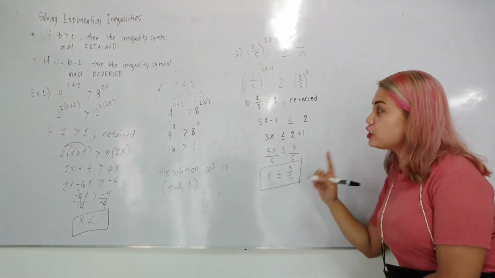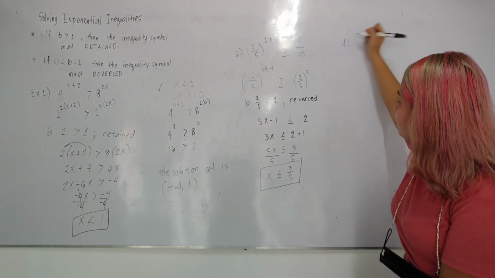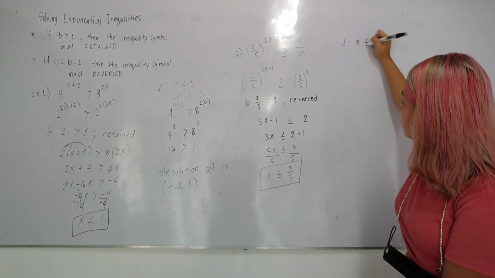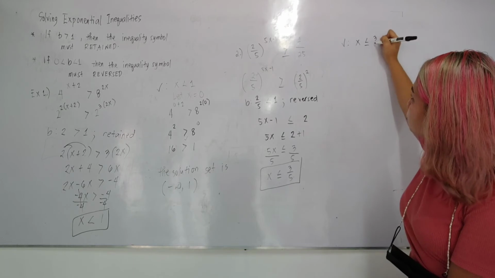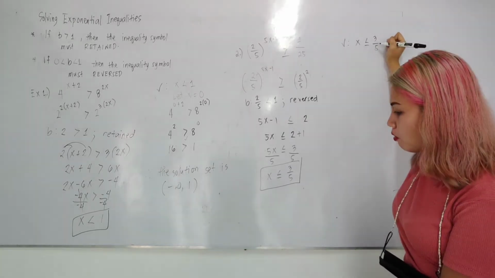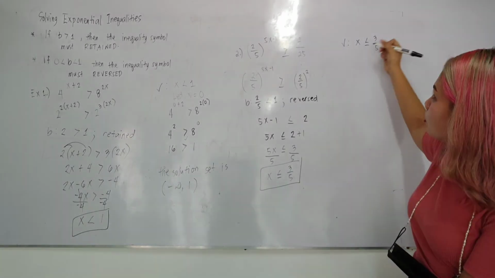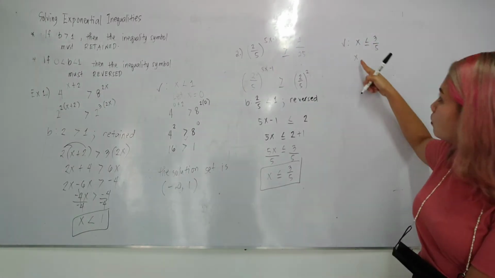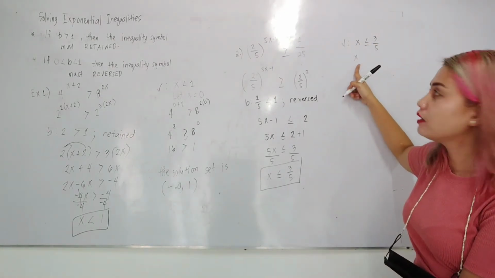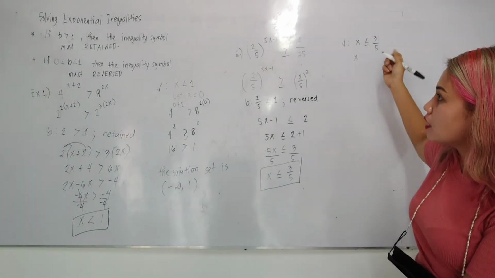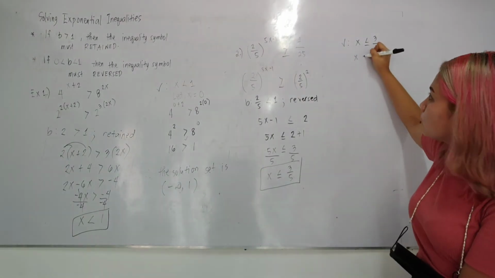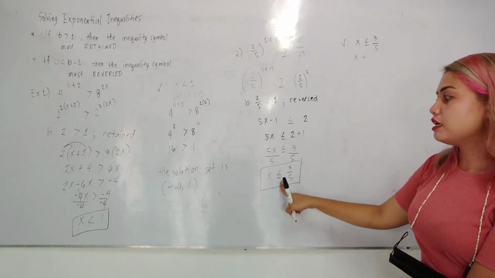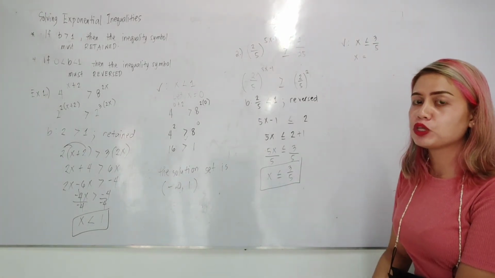Alright, so let's do the checking. X is less than or equal to 3 over 5. Remember that it's stated here that x is less than or equal to 3 over 5.